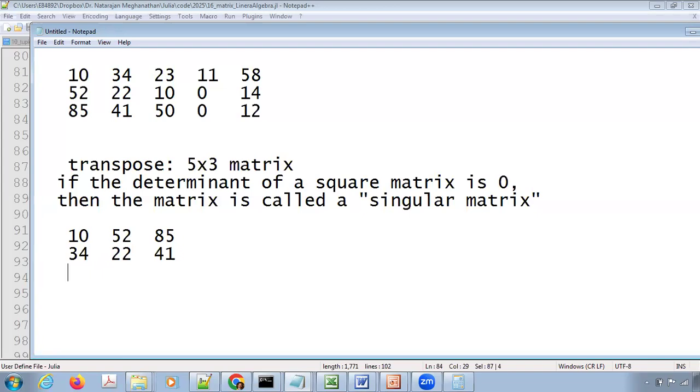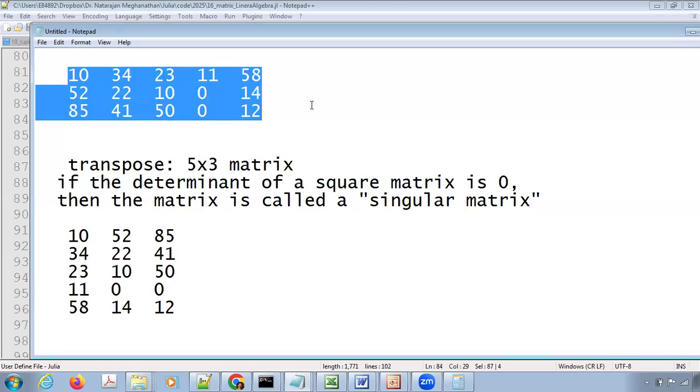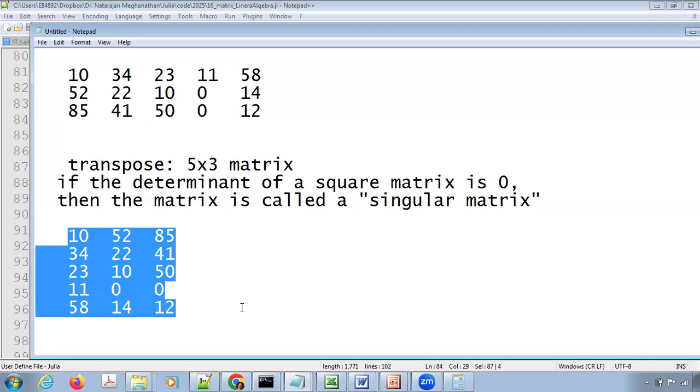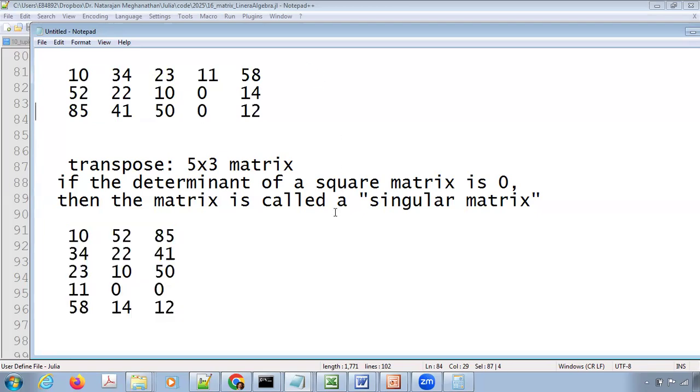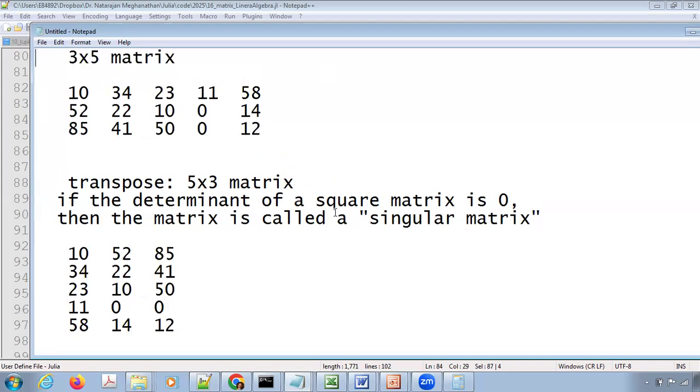Then the third row of the transpose will be the third column, then the fourth row will be the fourth column, and the last row will be the last column of the original matrix. So this is a 3 rows, 5 column matrix. Its transpose will be a 5 rows, 3 column matrix. Okay, so that's how a matrix and its transpose are related.